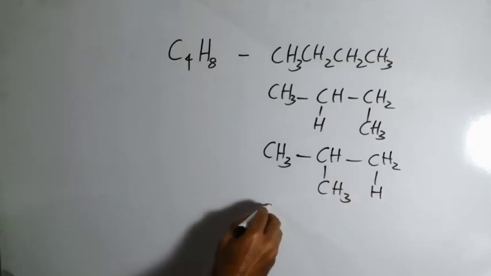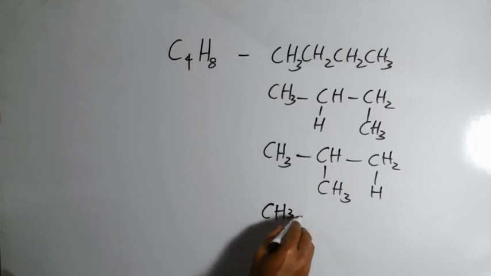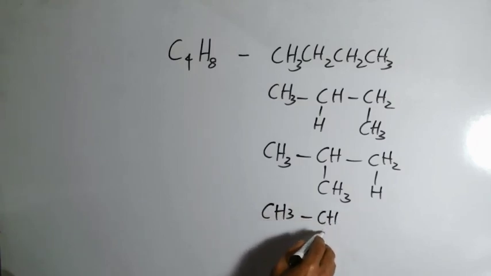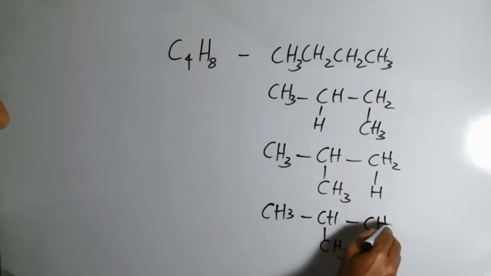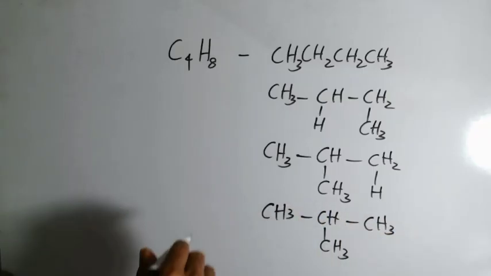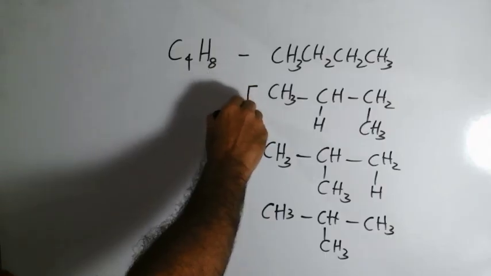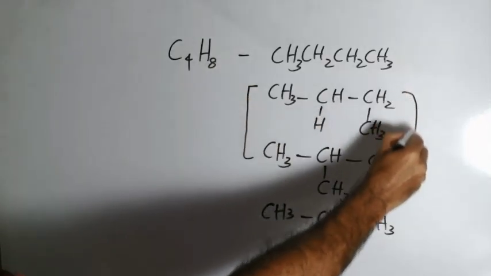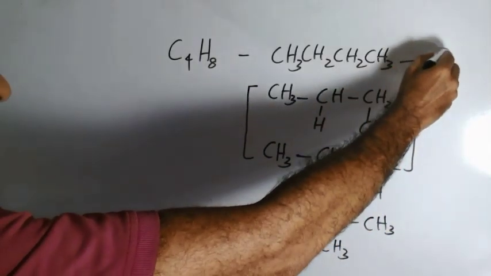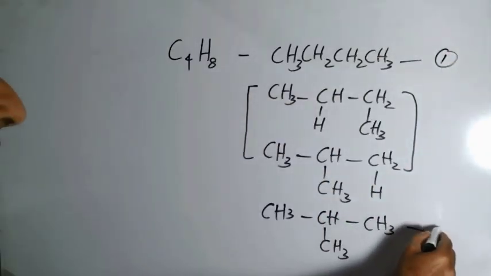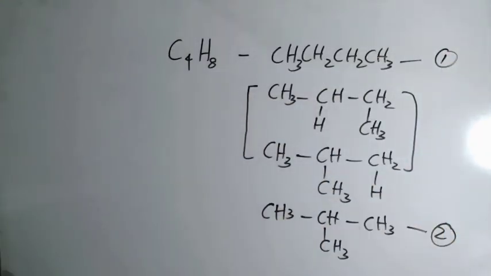So we can write these as just explanation. This is the one, this is the two. So then we can say butane has two isomers.